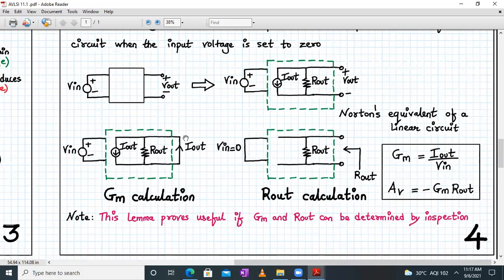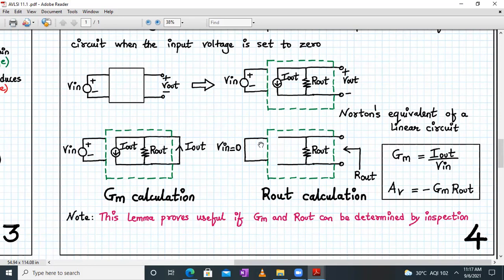We do the GM calculation by short circuiting the output terminals, and we calculate I out from here. So that becomes your I out expression where V in is intact. For R out calculation, we short circuit V in and we deactivate any active V in source to 0, and then we calculate R out. So what will be GM from here? GM will be I out upon V in.